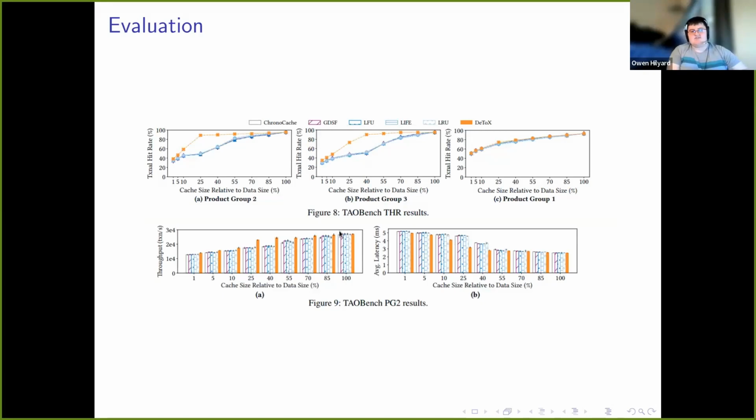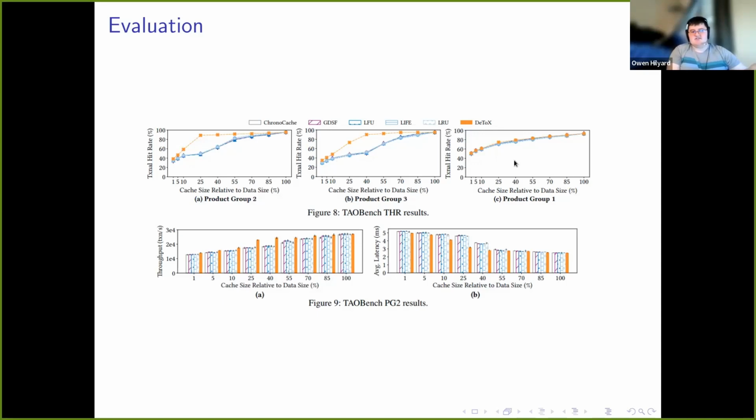So this results in some very interesting looking results across several benchmarks. So if you look at product group 2, you are able to, using 25% of the cache size relative to data size, get results that would require you to cache 80% of the full data size with other approaches.